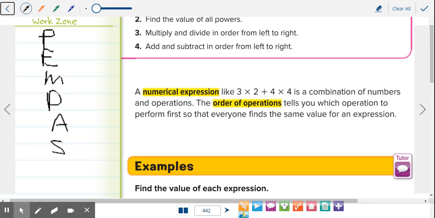That's a numerical expression. Then you follow order of operations to figure out what you have to do first. Now you have to follow these to a T to get the correct answer. Because no matter what, you're going to add and multiply, you're going to get an answer regardless, but it's not going to be right. You have to follow these steps. Okay, it's a very specific set of rules.